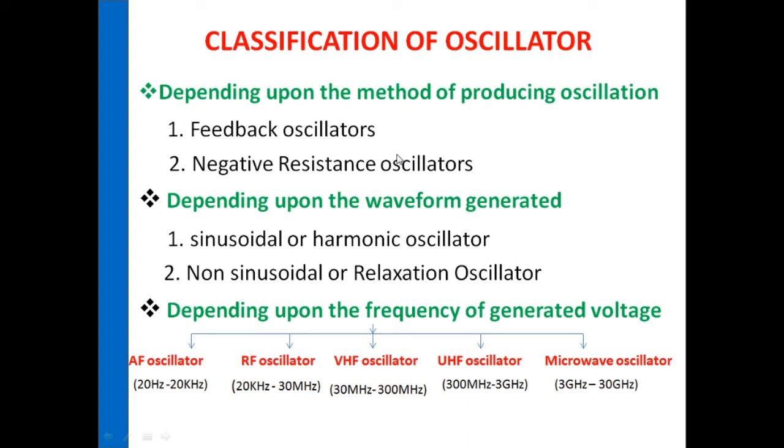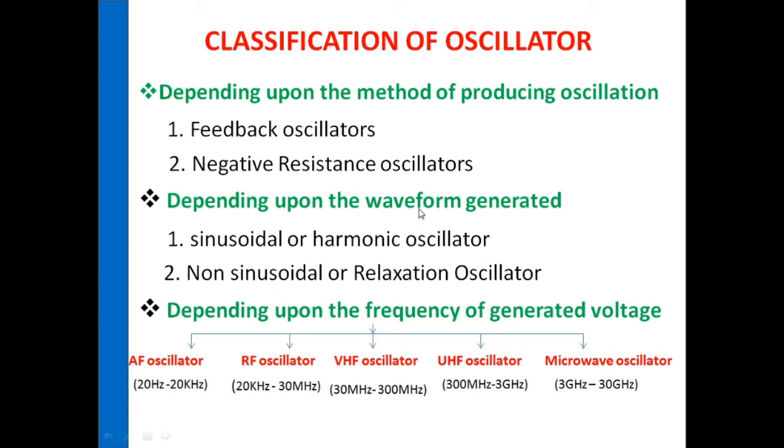When you see the characteristic curve of that Gunn diode, when you increase the voltage, initially the current starts to rise up to some point. After that, when you increase the voltage, the current starts to decrease. That region is called the negative resistance region, and that region is utilized for producing oscillation.